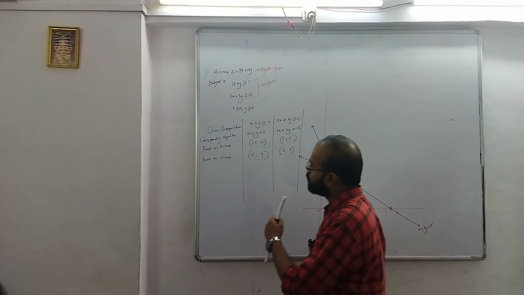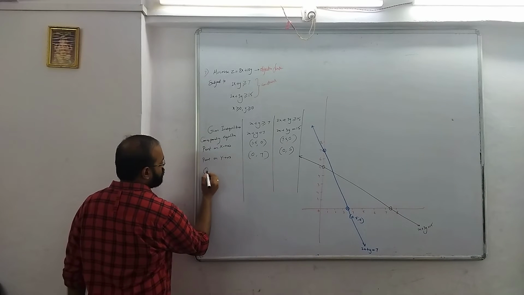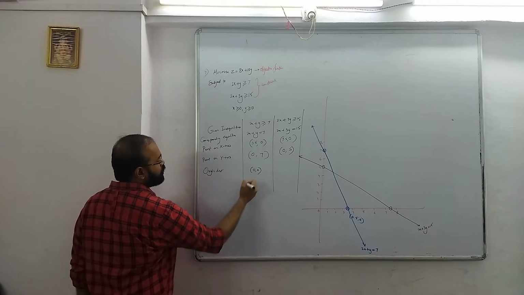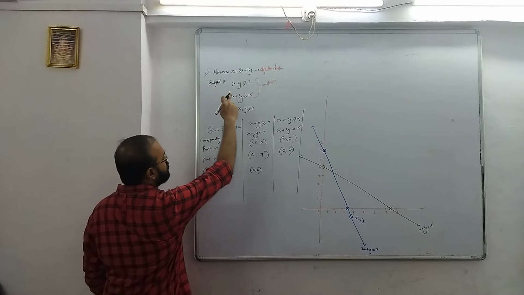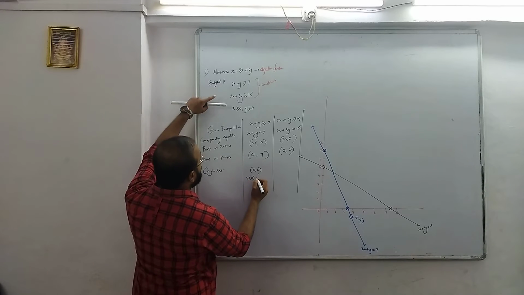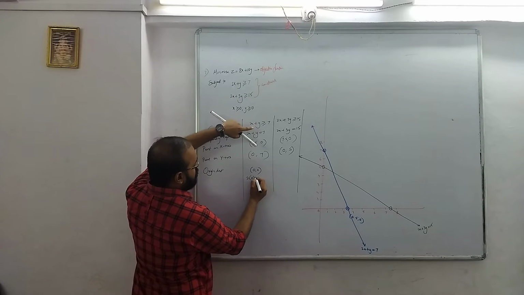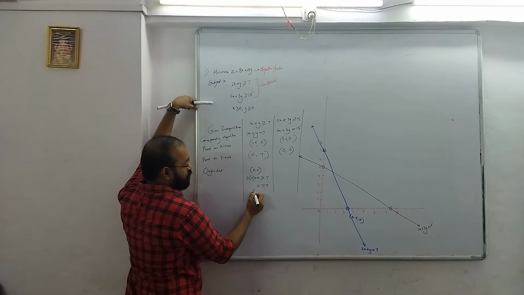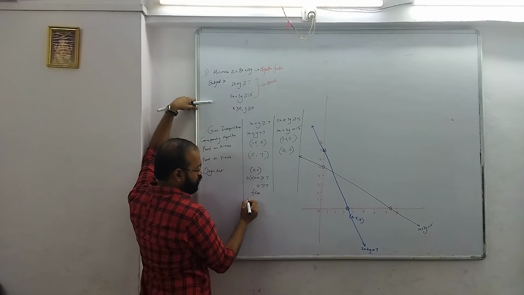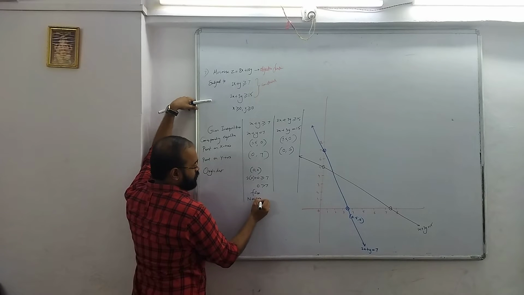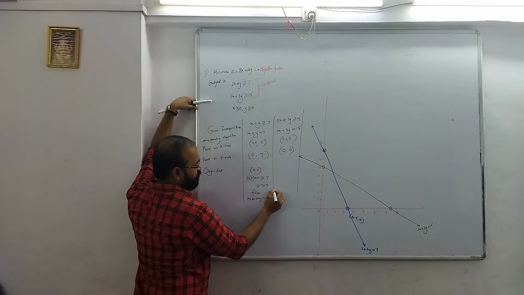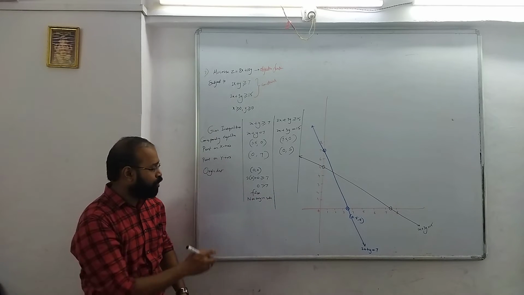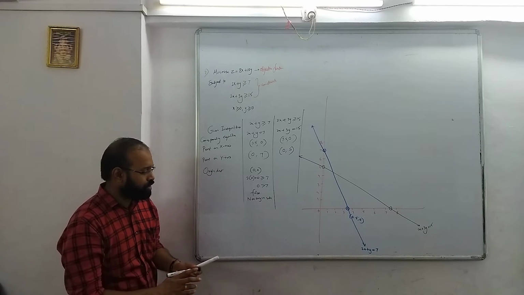Now, what I do is, I will go for the origin test. That is, I will be testing 0, 0. Let's put 0, 0 over here. What will I get? 2 into 0 plus 0 greater than or equal to 7. Now 0 greater than or equal to 7 is false. So we go to the non-origin side. If a condition is false, we go to the non-origin side.